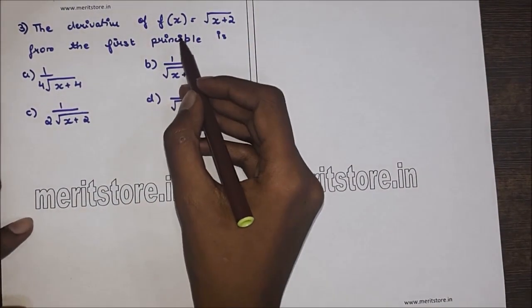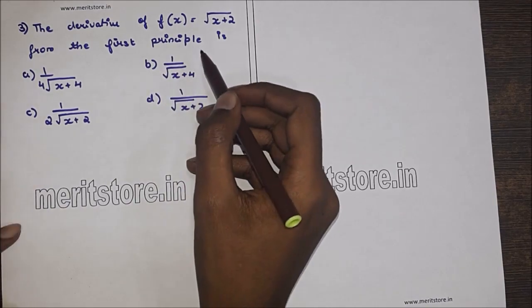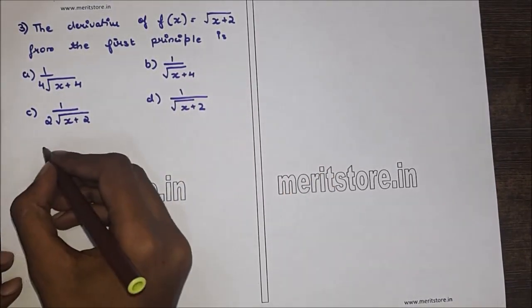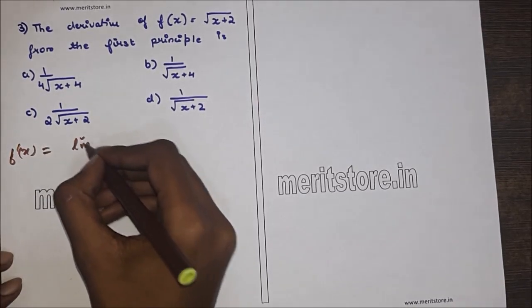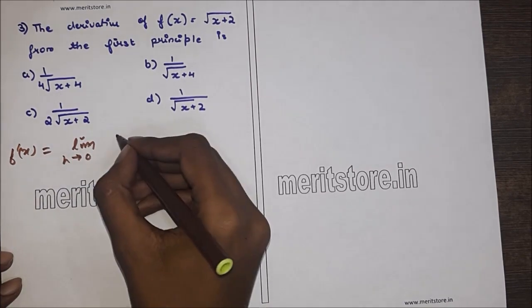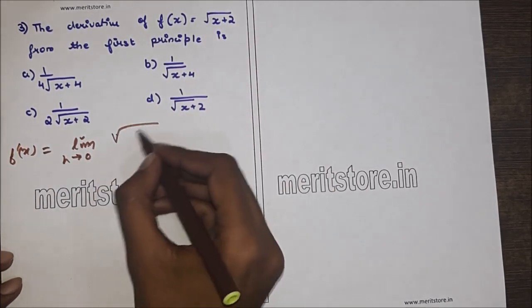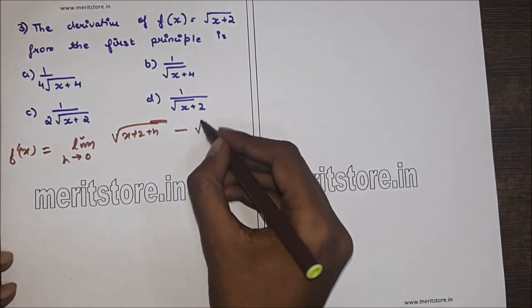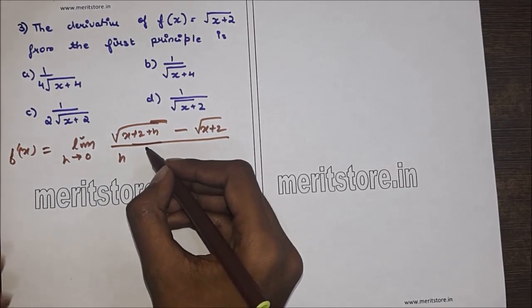The derivative of f of x equals root of x plus 2, by using the first principle, and these are the options. So we use the first principle, we get f dash of x is limit h tends to 0, f of x is root of x plus 2, so f of x plus h is root of x plus 2 plus h, minus f of x, that is root of x plus 2, divided by h.